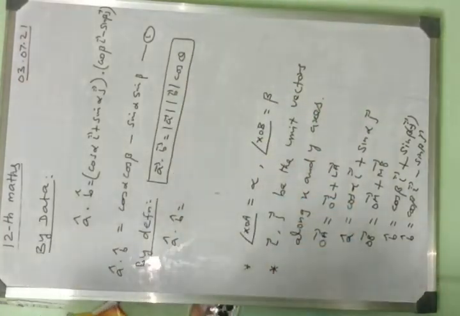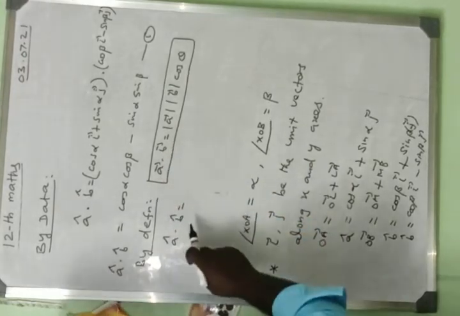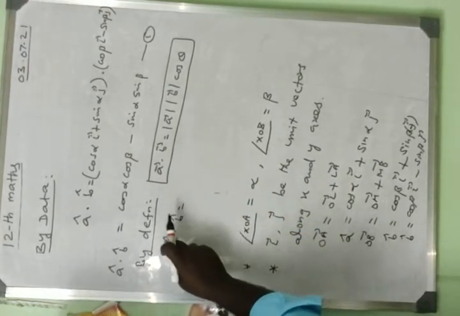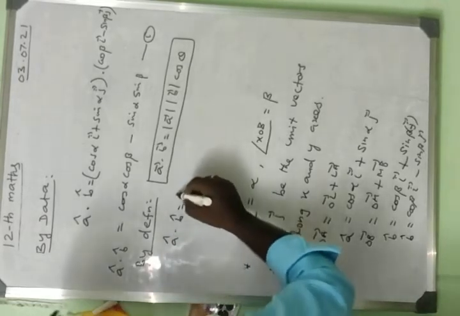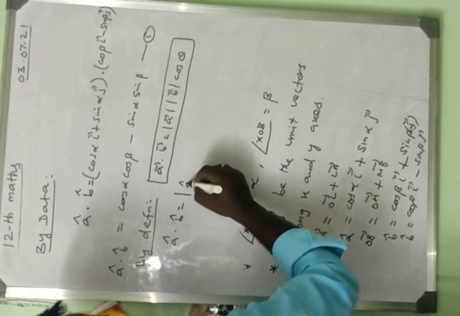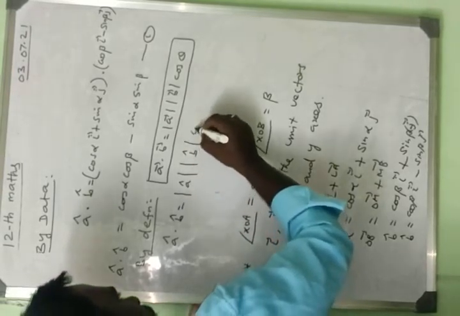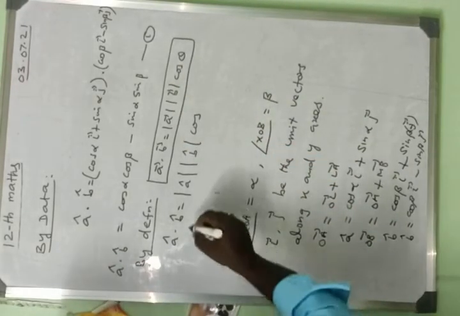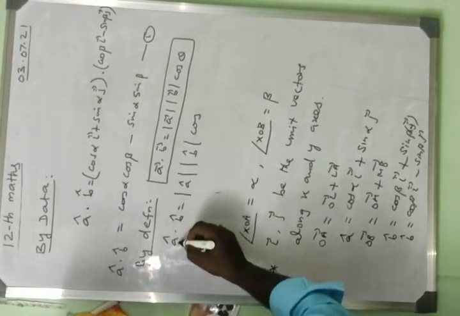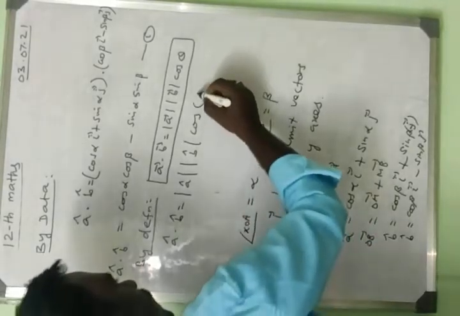So cap A is a unit vector, we put cap. Cap A dot cap B equals mod cap A mod cap B cos theta. Theta is the angle joining the A vector and B vector, which is alpha plus beta.